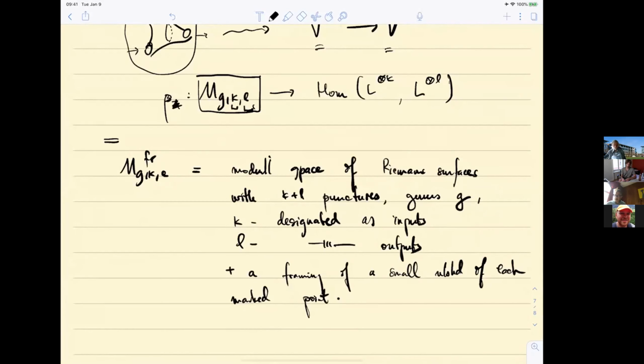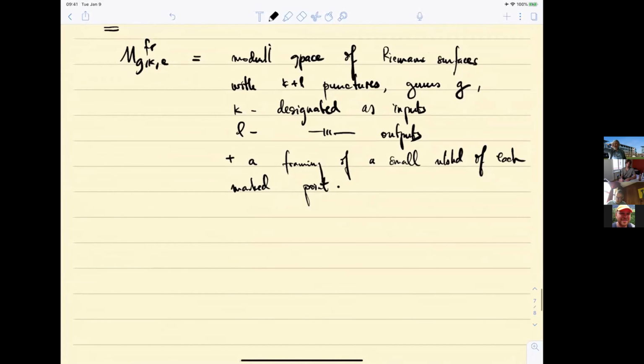It doesn't really matter very much how you set it up, but the moral of this is that the pictures that you're having will, instead of looking like this, so some particular Riemann surface with inputs and outputs, but moreover, on each boundary circle, I choose a point. So pretend that I am choosing a marked point on each boundary circle.